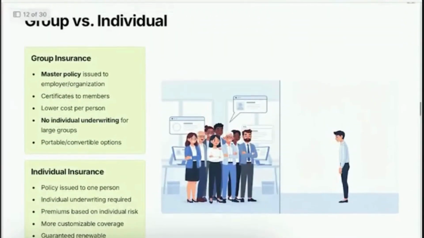Okay, so group versus individual. Group insurance, all right? We see group insurance usually at work, right? It's usually an employee-employer relationship, but you can also see them in fraternal organizations, things like that, certain membership groups.